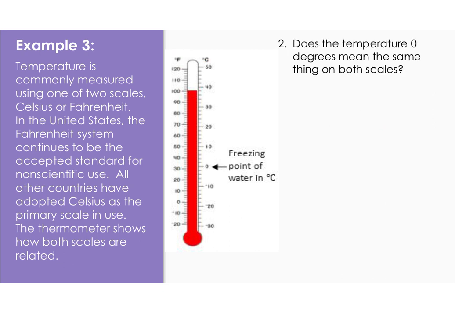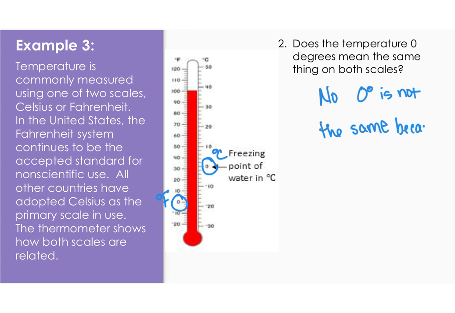Does the temperature 0 degrees mean the same thing on both scales? So here's 0 degrees Celsius and 0 degrees Fahrenheit. So on these scales, no, 0 degrees is not the same. How can I tell that?